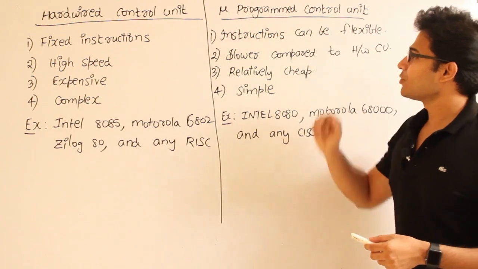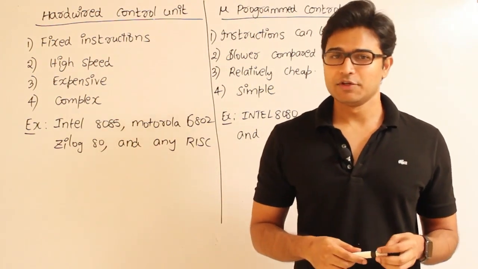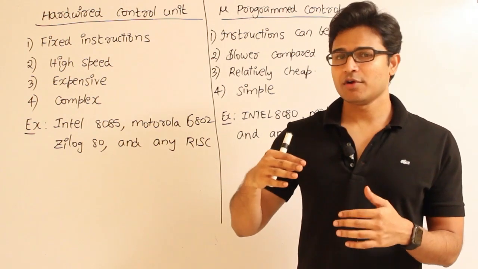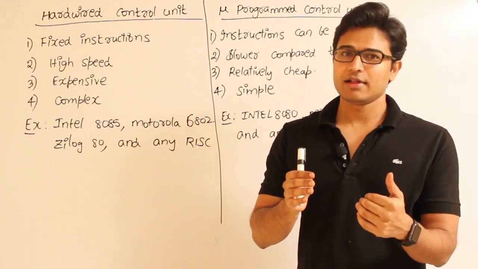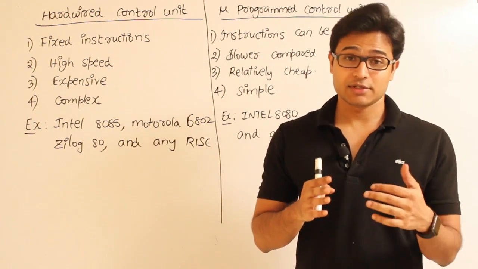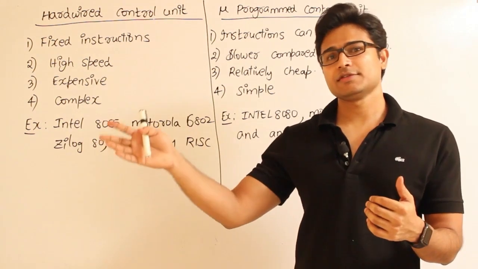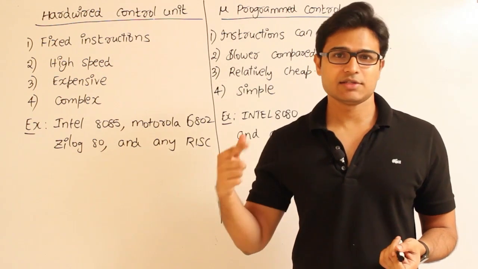But in case of microprogrammed control instructions, the instructions are flexible, which means once you decide upon some instructions, then you are going to write the microprogram and not implement the instructions, right? Later you might decide about changing the program or changing the instructions, and if you want to change them, you just change the microprogram, isn't it? Go to the control memory and change the bits.